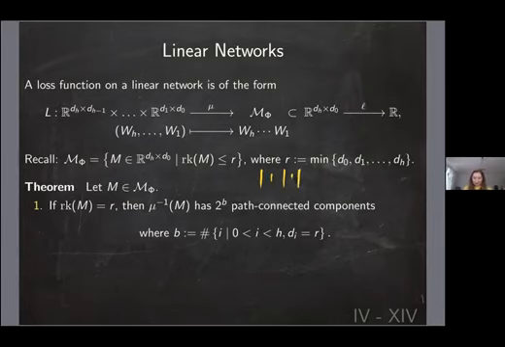In this example, if you imagine that the 2 dashes in the middle have the same width, then b would be 2. And this number b never counts the input nor the output layer.